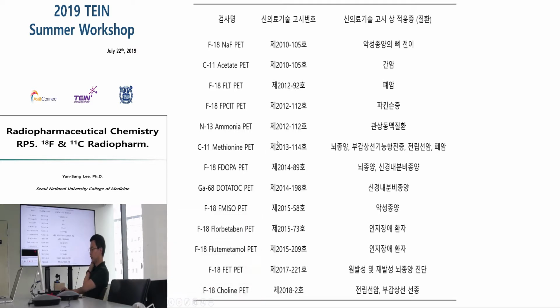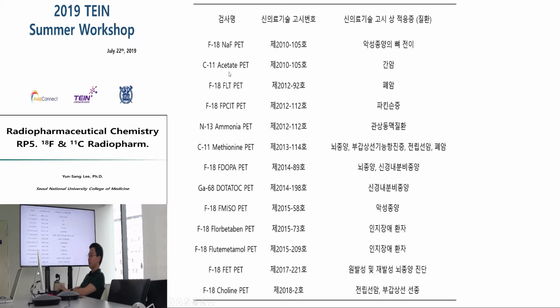So these are some approved ones right now in Korea, which can be used clinically. First is sodium fluoride PET, which can be used for the indication of bone metastasis.